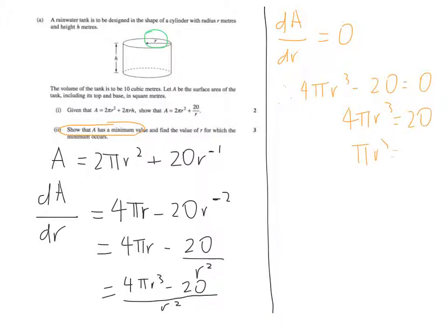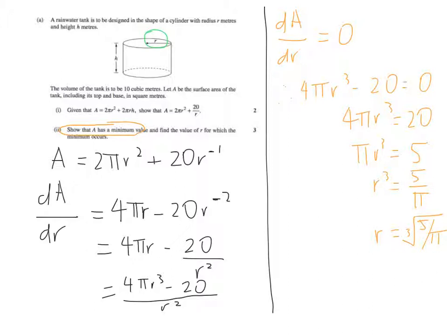Pi r cubed equals 5. r cubed equals 5 on pi, and therefore r equals the cube root of 5 on pi. You can find out what that is using a calculator. I'm not going to, but it's a real number.